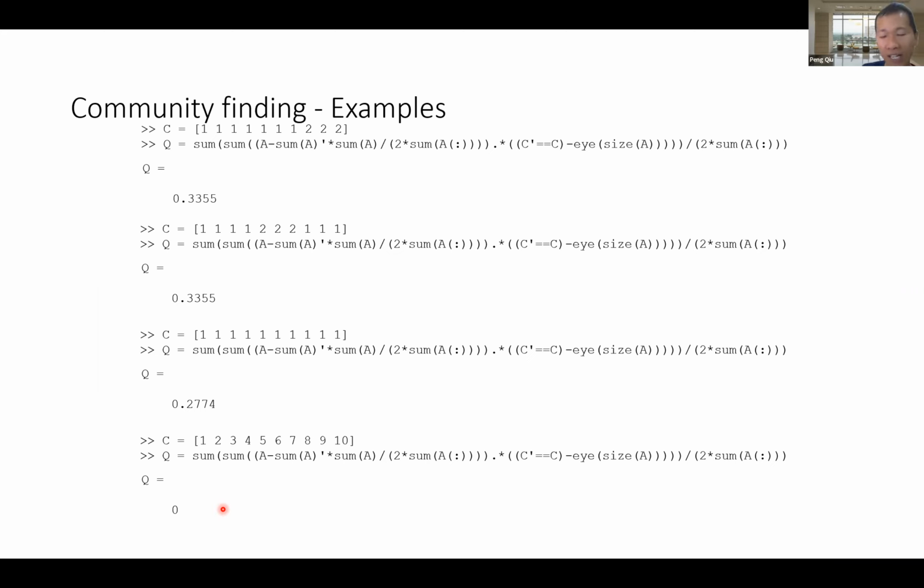Okay, and that is actually, in computer science, an NP hard problem. So that means if you have, let's say, thousands of data points you want to cluster, and you want to optimize this Q by finding a clustering solution, your computer probably needs to run 10 years to find a solution for you.